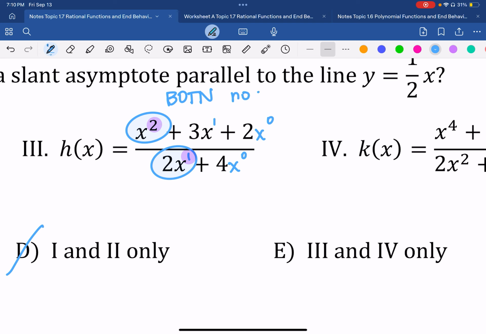That means that there is no horizontal asymptote. Now, to determine if you have a slant asymptote, you need to subtract the exponents, and if it is exactly 1, then there is a slant. So 2 minus 1 does equal 1, so yes, this one has a slant asymptote. Okay, so 3 is a contender right now.